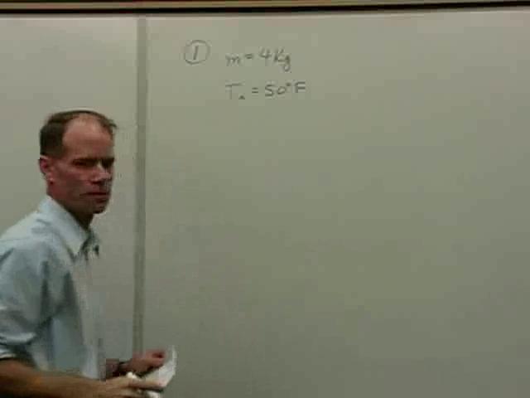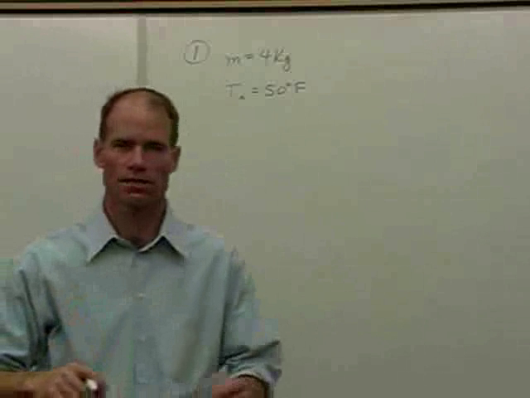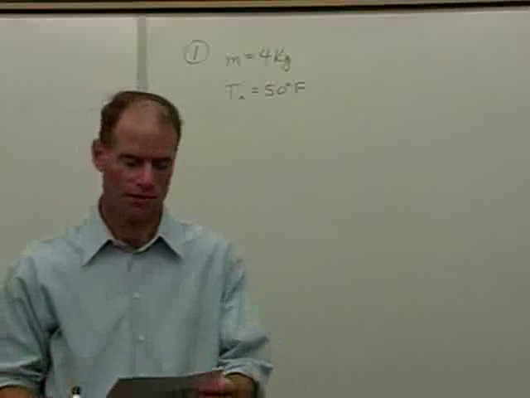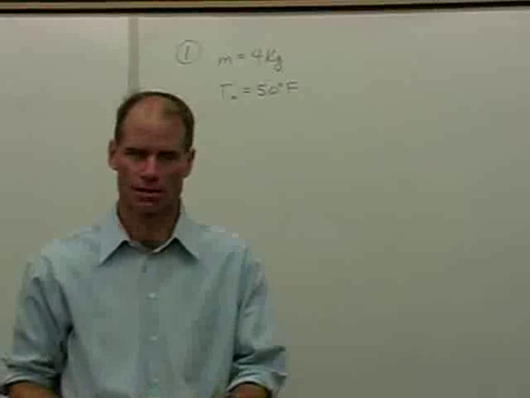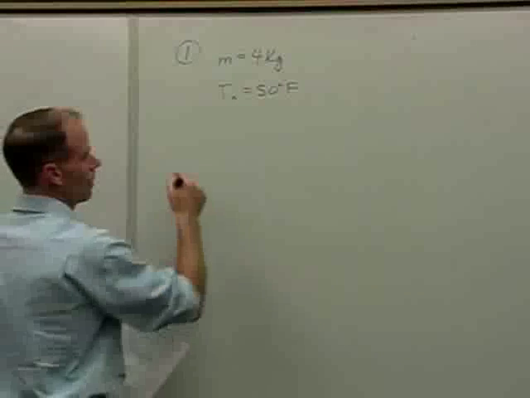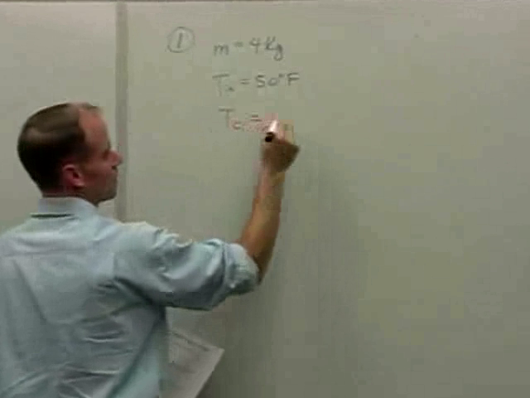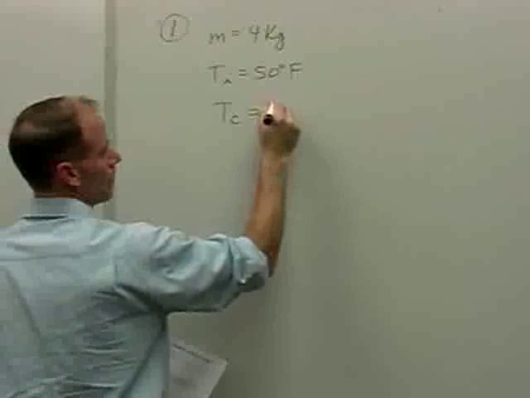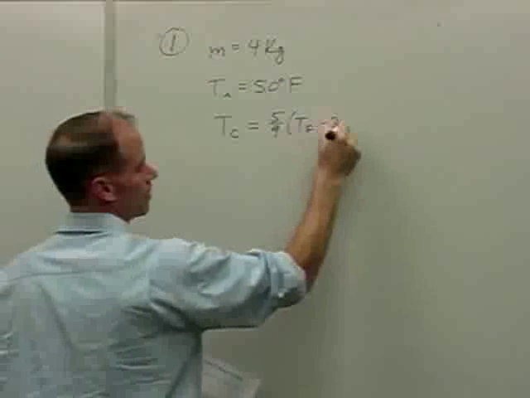But our specific heat that we're going to use is in degrees Celsius or degrees Kelvin. So we need to change this 50 degrees Fahrenheit to either the Celsius scale or the Kelvin scale. So we recognize that the temperature in Celsius is 5/9 times the temperature in Fahrenheit minus 32.